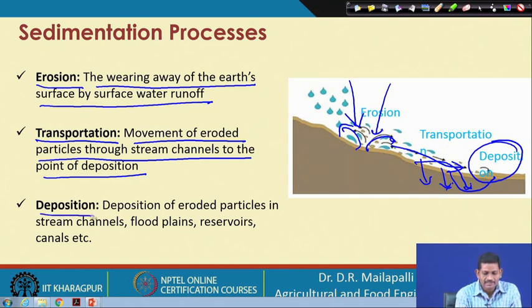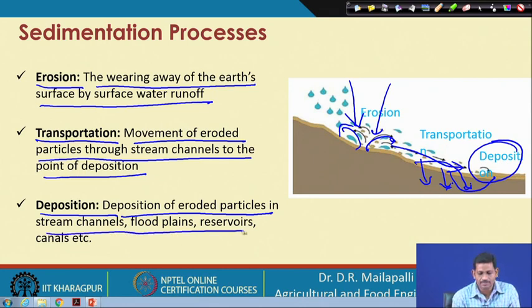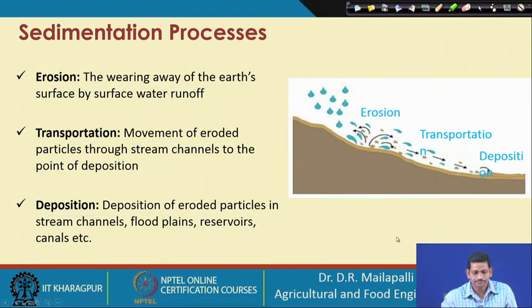So, the process consists of erosion to acquire the particles, transportation to displace them, and deposition to deposit them in stream channels, floodplains, reservoirs, canals, etc., where the flow does not have enough transport capacity to carry them.